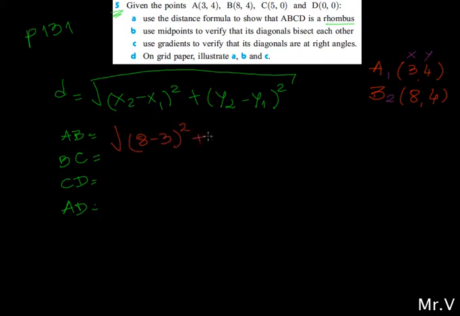I'm doing all the steps just in case. y2 and y1 are the same, so I know that's going to be 0 right away. 4 minus 4, 0, there's nothing to do here, super simple. And so 8 minus 3, that's 5, 5 squared is 25, and we end up with my answer being 5.